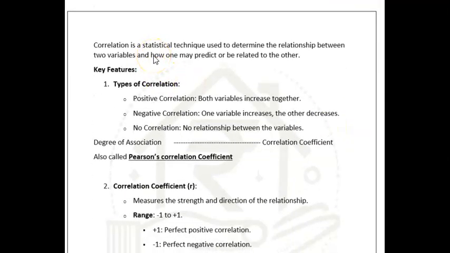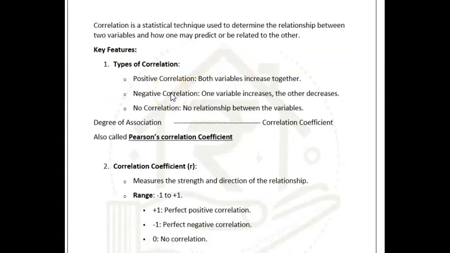Correlation is a statistical technique used to determine the relationship between two variables, how one may predict or relate to the other. Key features. Types of correlation. There are three types: positive correlation, negative correlation, and no correlation.